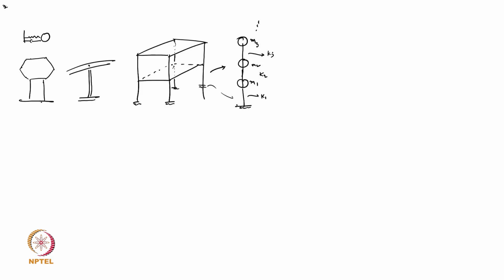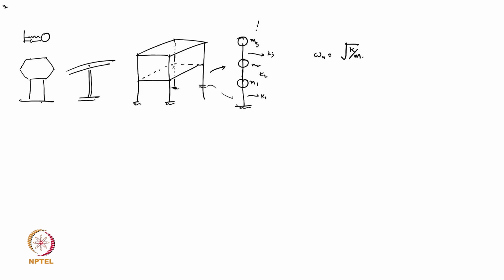Now this structure has several degrees of freedom. Instead of a single mass and spring stiffness, we now have several masses and several stiffnesses. So now, if we try to recall how we defined the natural frequency of the structure, we said that the natural frequency of the structure was root over k by m.